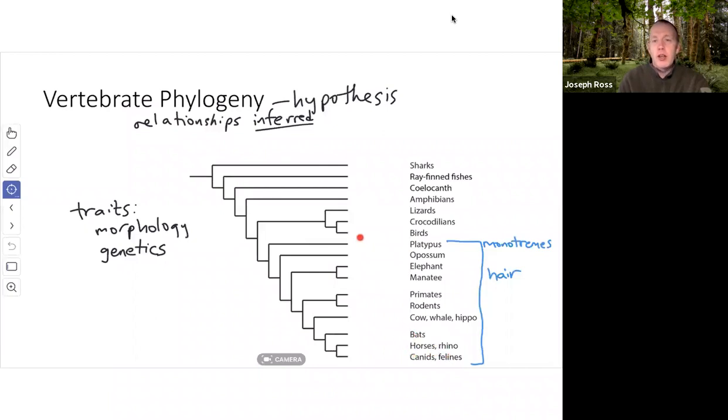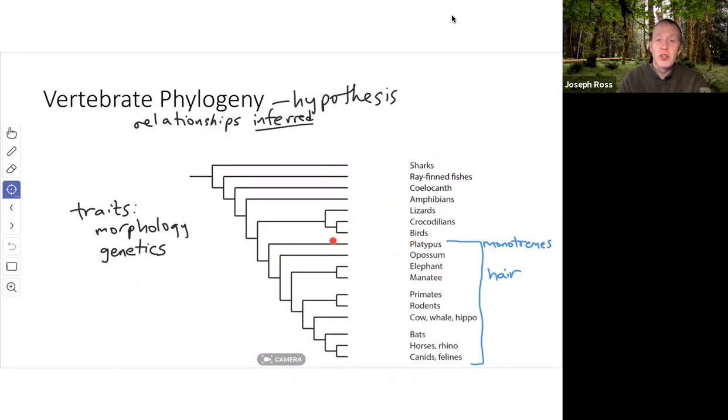Check out the branch of platypus. If we travel back in time to its common ancestor, the platypus, the monotreme, an egg-laying mammal that's also venomous, has a common ancestor with the opossum, but the platypus is the most distant relative. Actually, it's the closest relative among all the rest of these species.